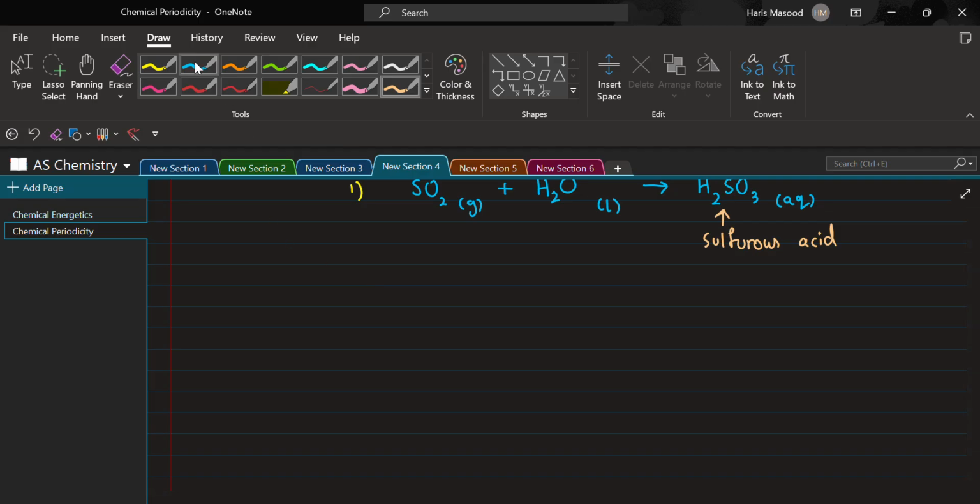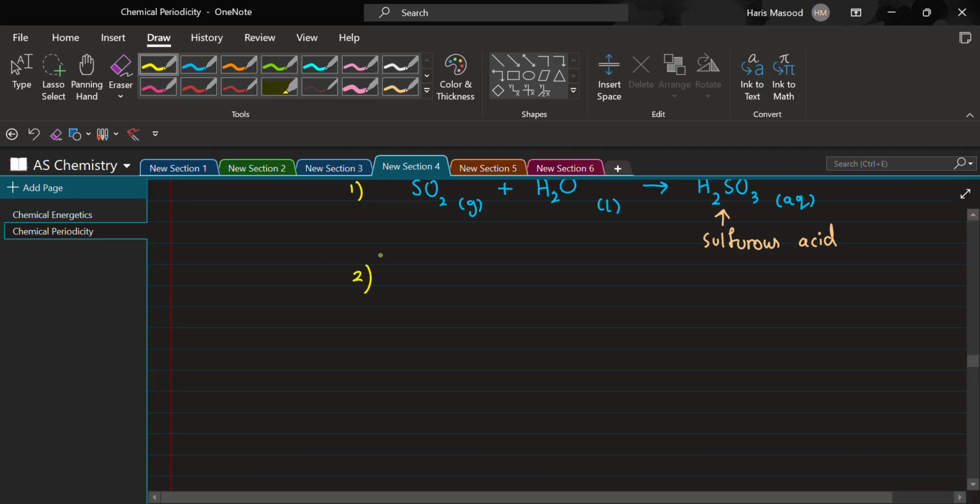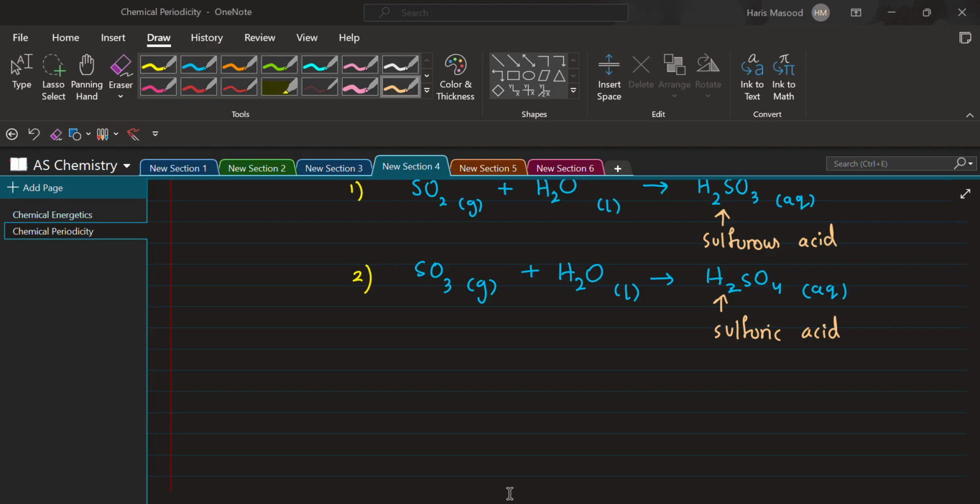And if sulfur trioxide reacts, it will form H2SO4, that is sulfuric acid. That is the difference. Okay, then these are all the oxides and their reactions when they react with the water.